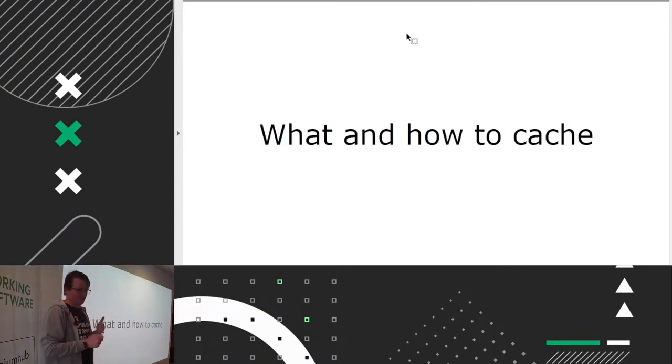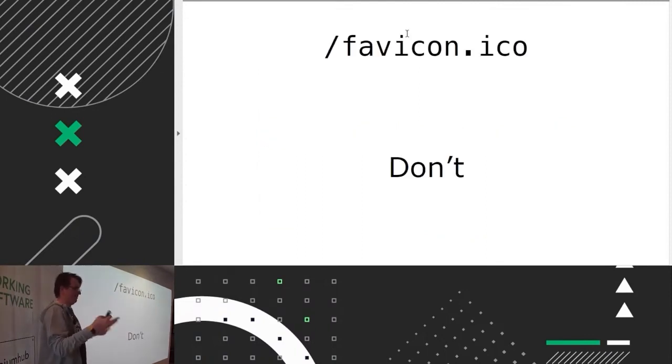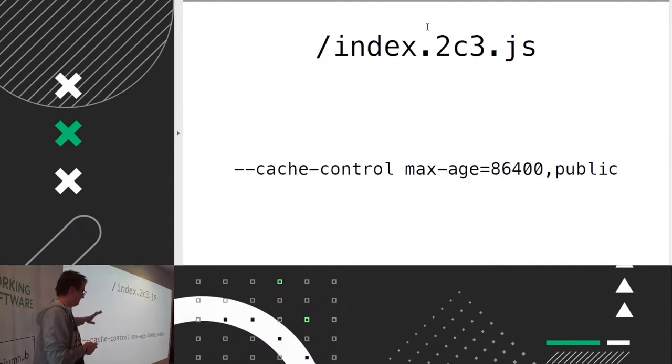So, what and how to cache. All the public files in the repo, that is usually in the public folder, without any hashes in them, just don't. Not worth it. You will manage. Everything with hashes gets cached for a long time. In this case, I don't remember how long, I think it's months, maybe a year, something in seconds, like 86,000 seconds.